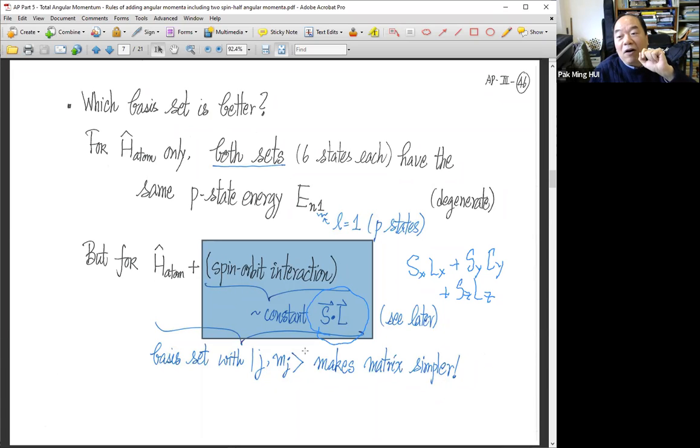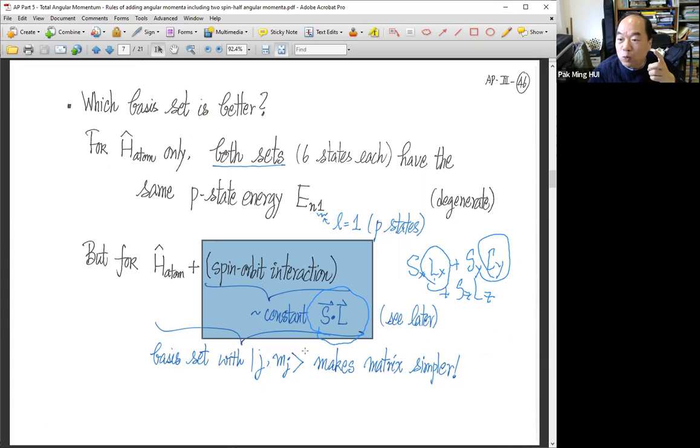All right. Now, if you stayed on the Z description of orbital angular momentum, ML, and the Z description of spin, MS, that will be troublesome. Okay? Because with this term here, LZ is no longer commuting with the first term and the second term. All right?